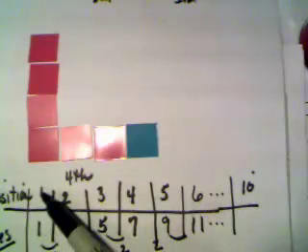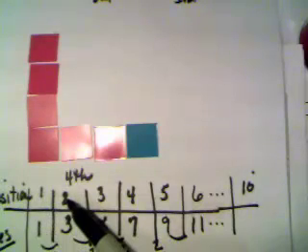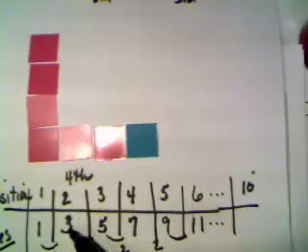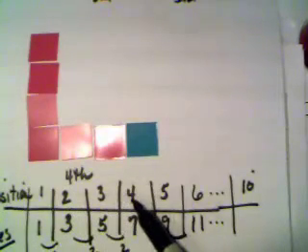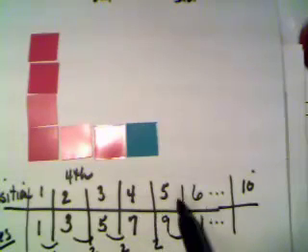So what can I do to 1 to get 1, that I can do to 2 to get 3, that I can do to 3 to get 5, that I can do to 4 to get 7, and so on.